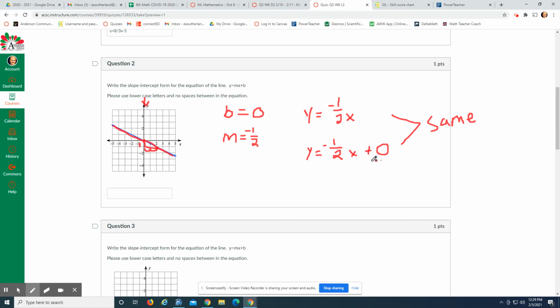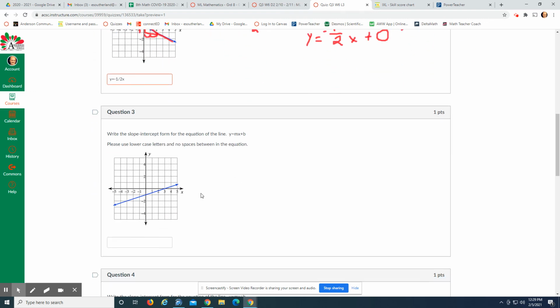Anything plus 0 is just going to be that. So, for example, 1 plus 0 is 1. 1/2 plus 0 is 1/2. And so you don't have to put the 0 because we know it's going to just be y equals negative 1/2 x. You can put the 0 and it'll still be counted correct.